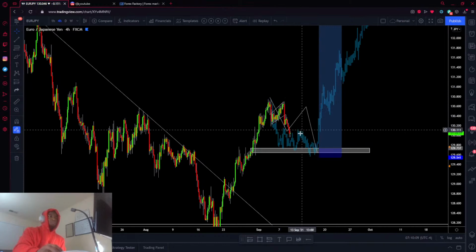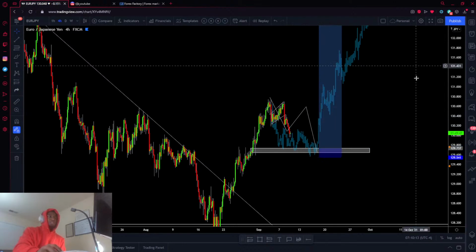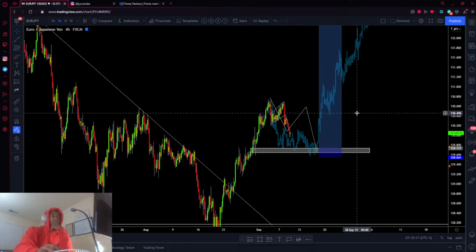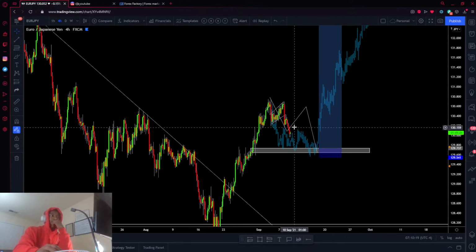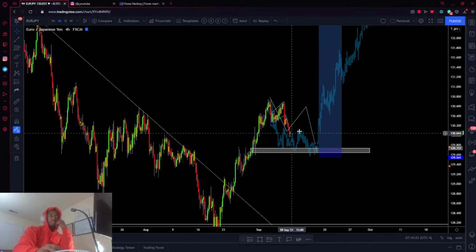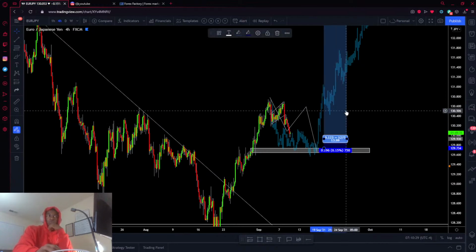I need some type of push up and then price come back down and then get that buy signal. So that's what I'm waiting on. If that doesn't happen, just a corrective descending channel here, and I would be more than willing to enter off of that.